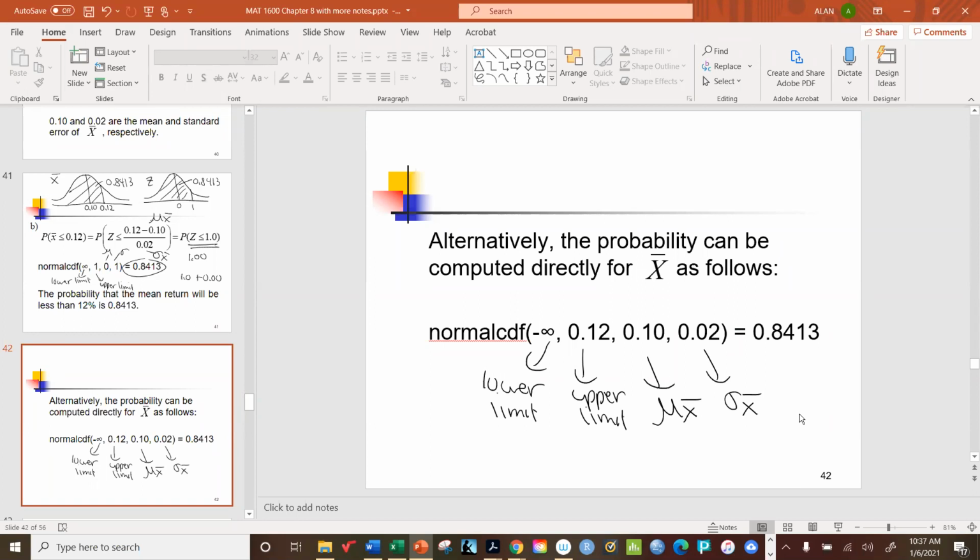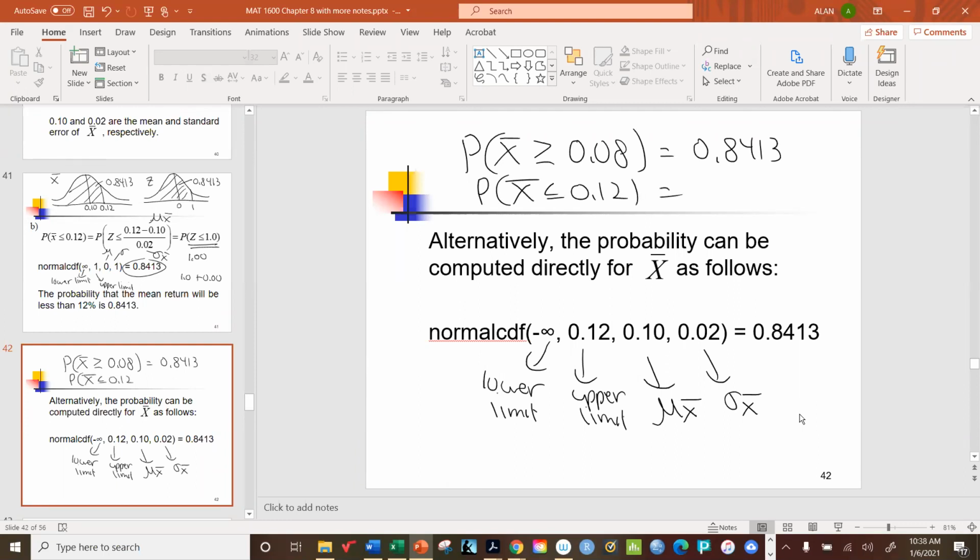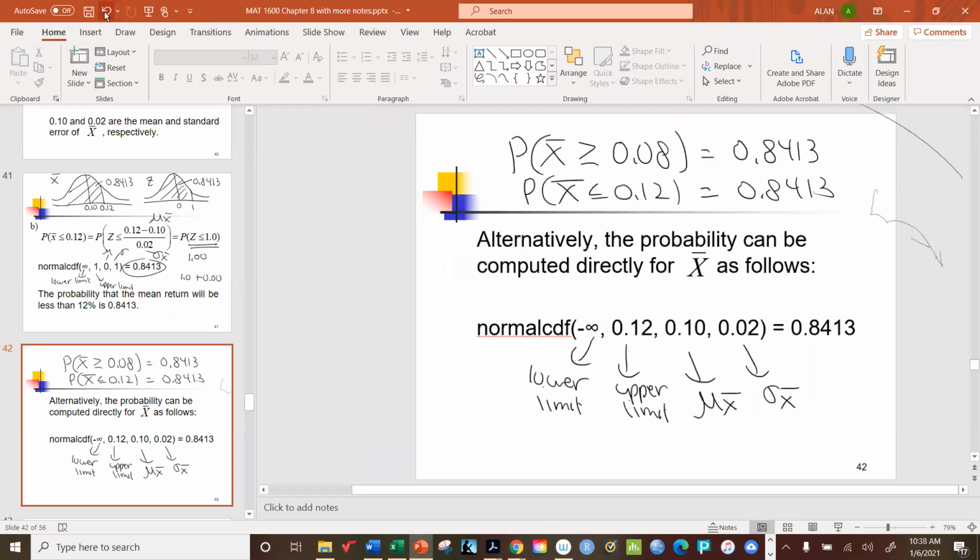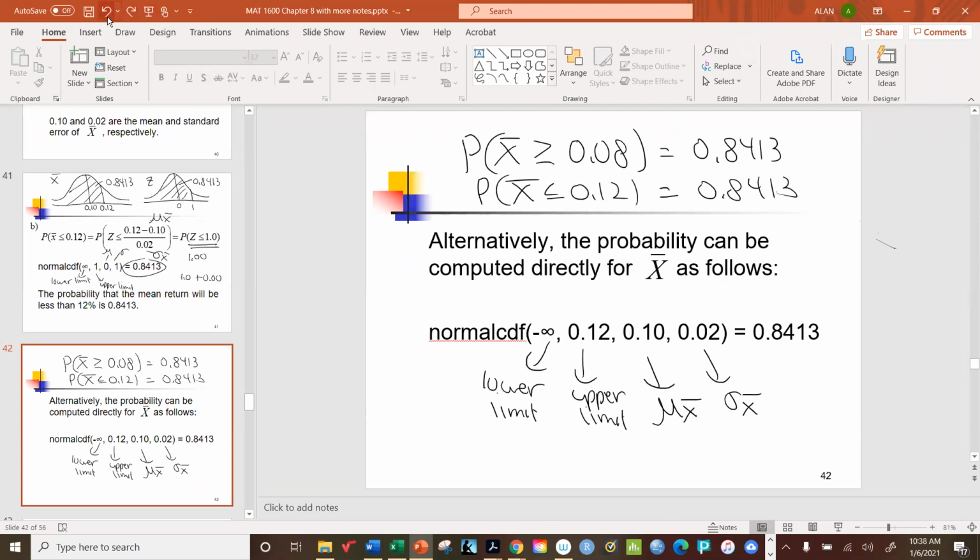Now, when we're done, let's notice one key detail here. The previous question was the probability that X bar was greater than or equal to 8%. And you know what? It turned out to be exactly the same. Why did that happen? Well, it's not a coincidence. Okay. What happened is the following.